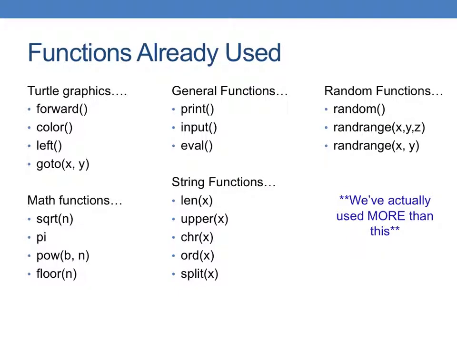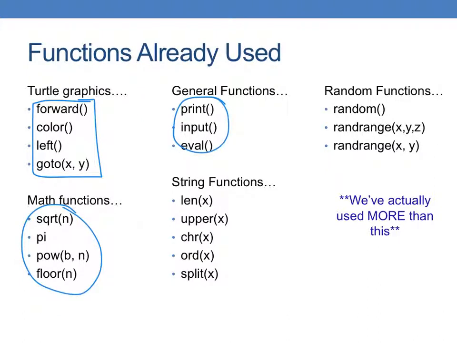Now, as a side comment, before we start coding our own functions, you've actually used a ton of functions already. So when we were in Turtle Graphics and you were using forward, color, left, right, backward, etc., those are all functions. When you're in the math, import math, and you're using all of these, those are functions. When you're printing or getting information from a user, those are functions.